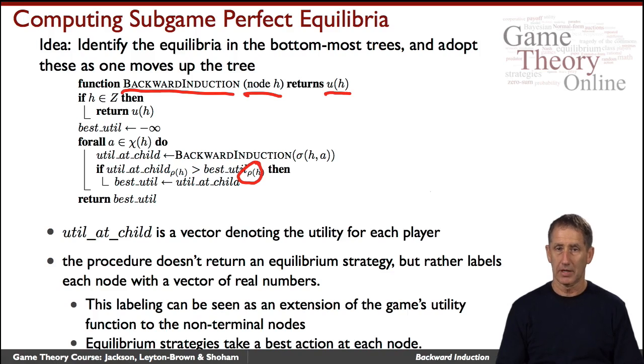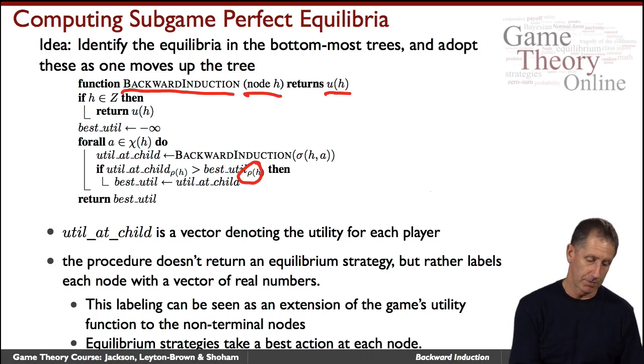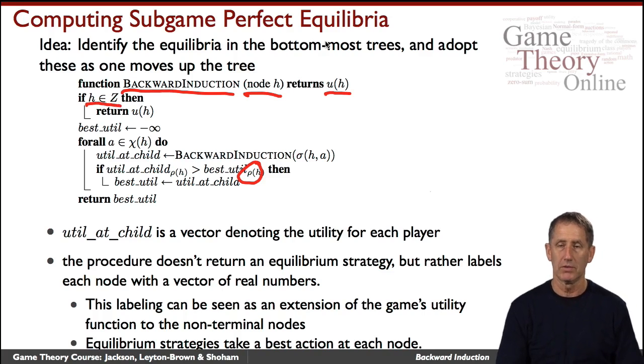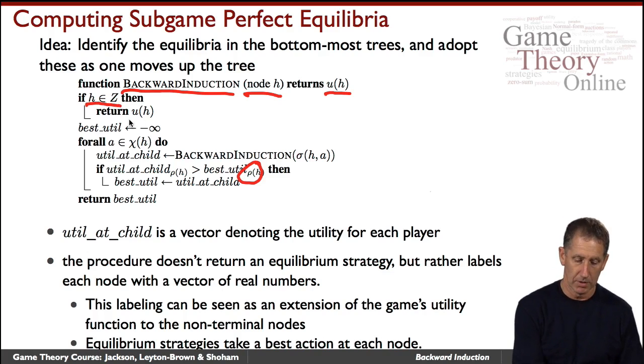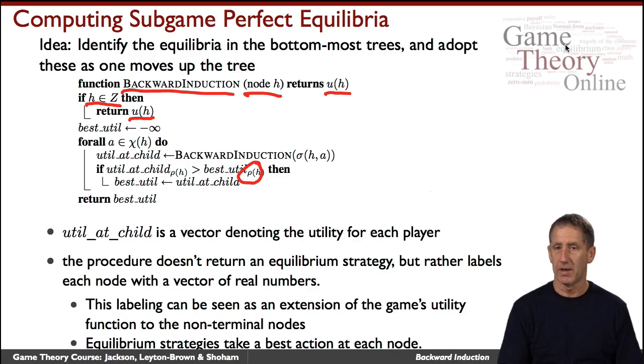So how does that work? And again, remembering our intuition, we say the following. If h is a leaf node, Z being the set of leaf nodes, then we simply return the payoff vector as defined by the game. That's where the recursion bottoms out. Most of the work, of course, happens in the recursive step when we're not at the leaf node.